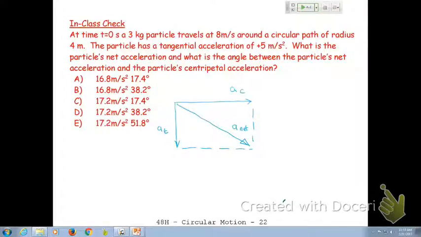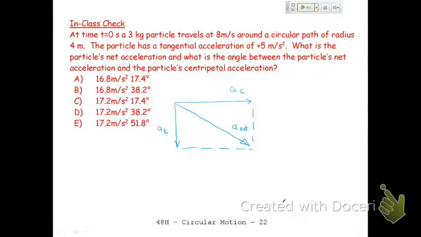So we're back. I did this diagram. Part of it is visualization: can you visualize what's going on? I know that AC is equal to v squared over r, because that's our basic equation.